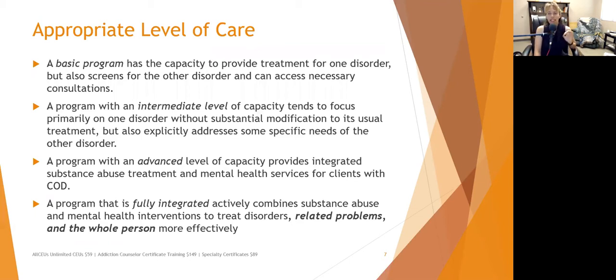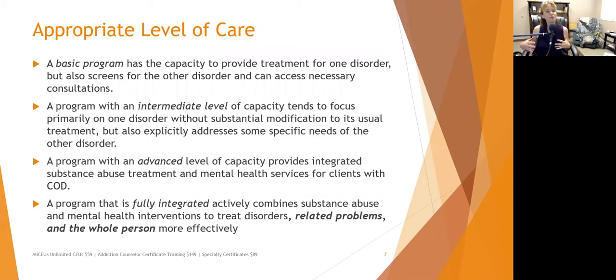A program with an intermediate level of capacity focuses primarily on one disorder without substantial modification to its usual treatment, but explicitly addresses some specific needs of the other disorder. So you primarily treat addiction. You're an addiction treatment program. However, you recognize that depression and anxiety often co-occur, and grief and some of those things.